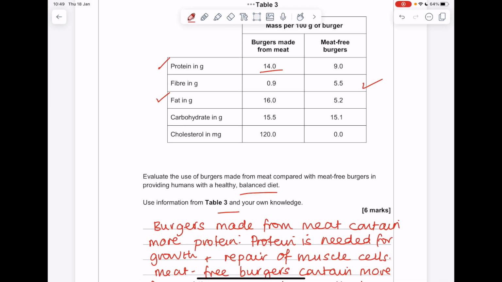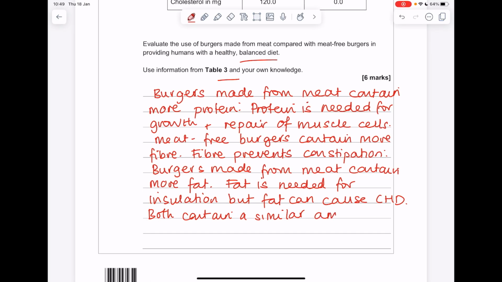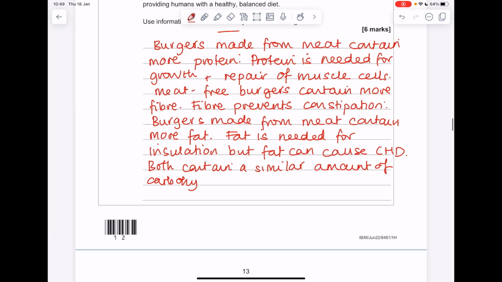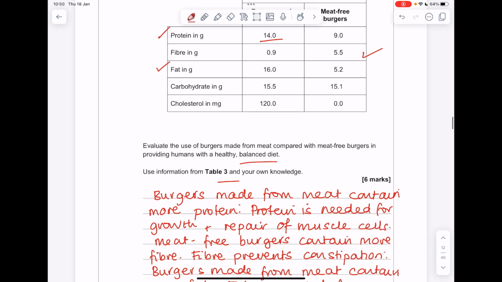Carbohydrates around the same, so I won't really talk about that. I suppose we could say that they both contain a good amount of carbohydrate which is needed to provide energy. And then last up, cholesterol.